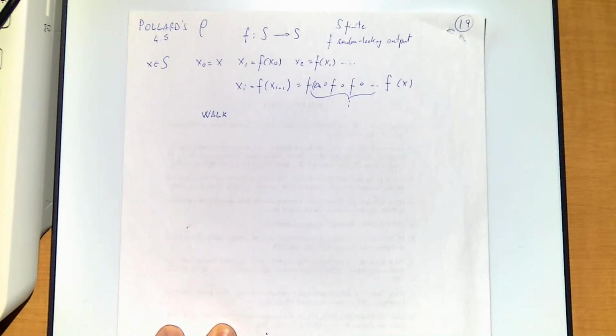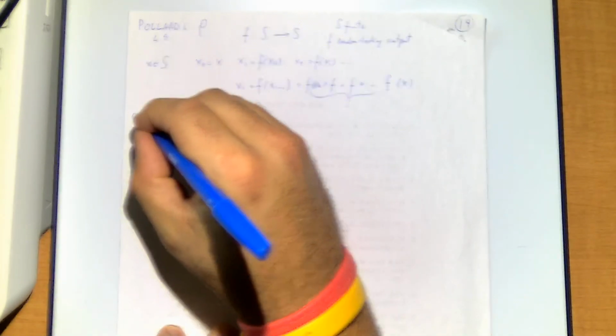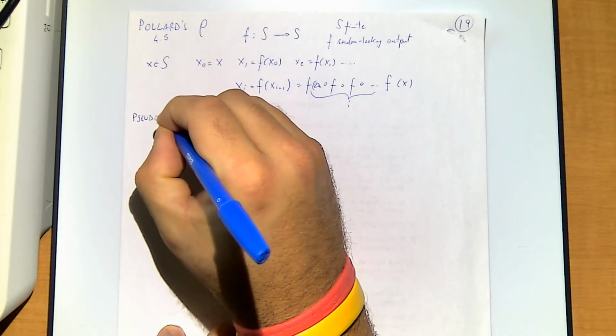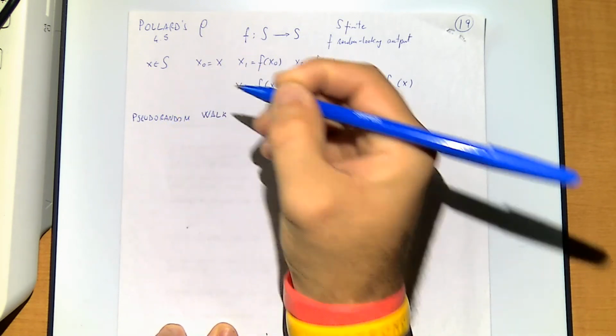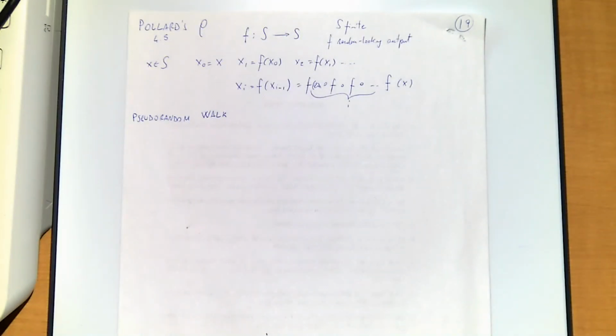But most importantly it is a pseudo-random walk. It's pseudo-random because, of course, it's not true randomness, but it is walking on the elements of the set in an erratic, random-looking way. So this is a very important concept of pseudo-random walks.